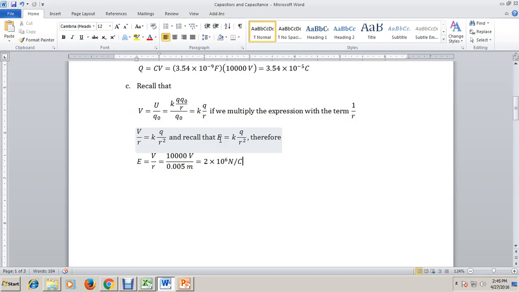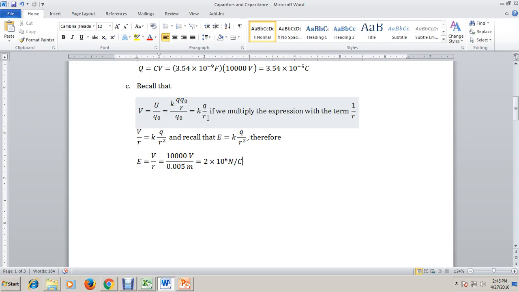One is of the form E is equal to F over Q sub O, and the other one is of the form KQ over R square. Try to notice that the form KQ over R square is almost similar to the result for the electric potential, KQ over R, except for the squared R.